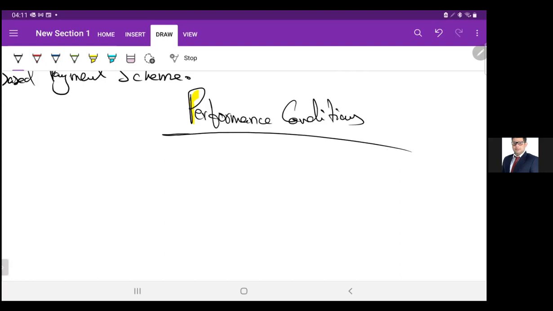In addition to service conditions, some share-based payment schemes have a performance condition that must be satisfied before they vest, such as a specified increase in the entity's profit, the completion of a research project, or an increase in the entity's share price, right?